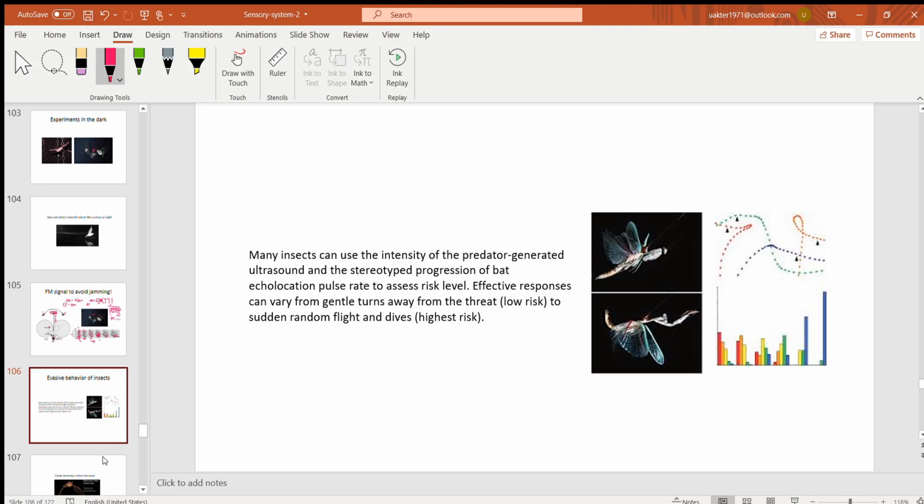You will see some videos showing that, called evasive, or turn away from the threat. Okay, so when the insect detects that the bat is sending pulses to find them, the insects also produce sound or calls that will change the pulse and the returning echo, so the bats will get lost, will get confused. Okay.